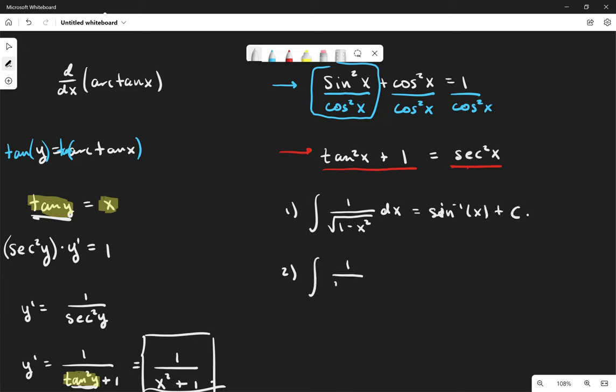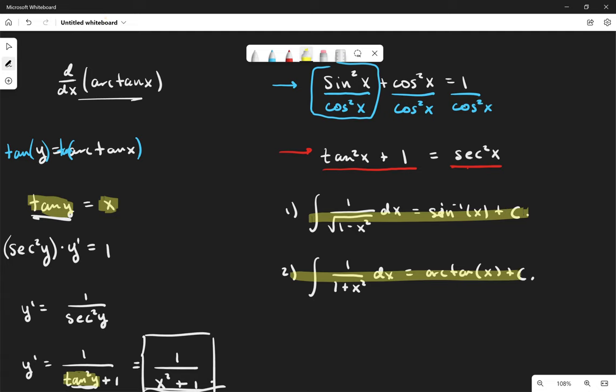And now here you know the integral of 1 over 1 plus x squared is arctan, and that's just by knowing that the derivative of arctan is 1 over 1 plus x squared. This is just the definition of an antiderivative. So these two answers are just two that you should know. And I kept it short here, but hopefully this made sense.